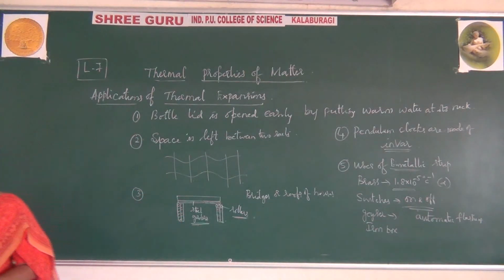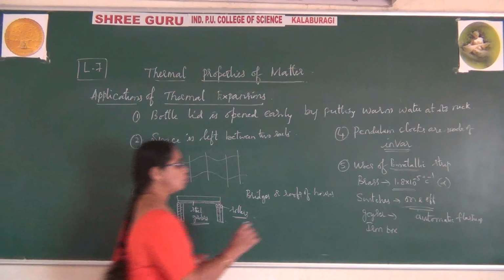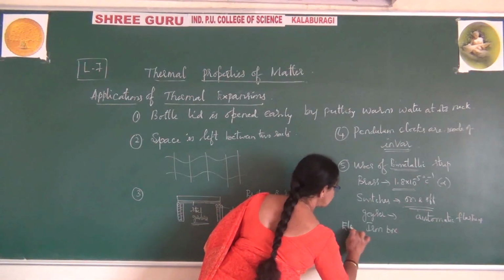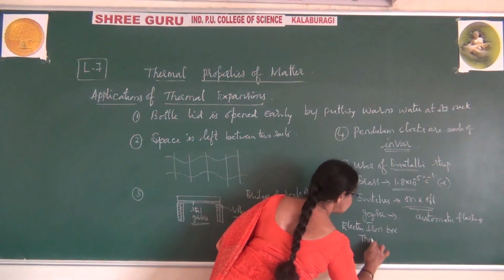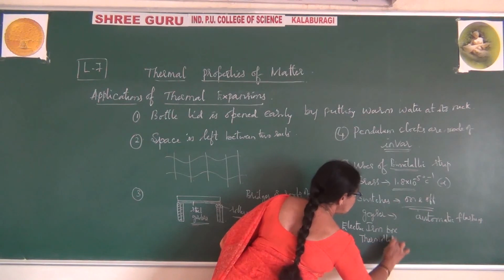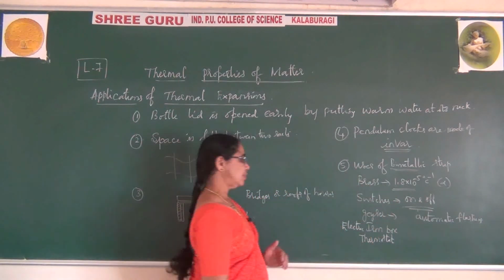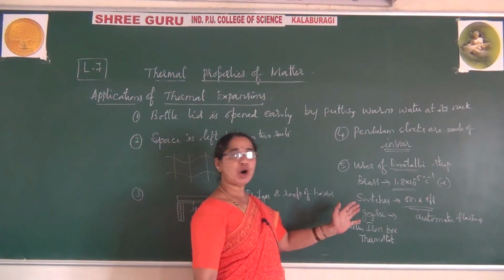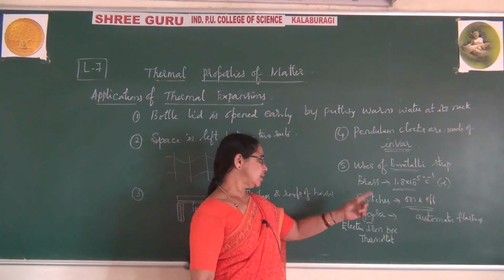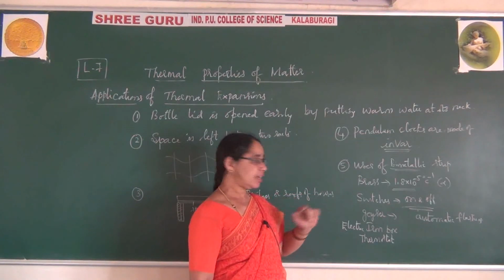So automatic on and off systems, and also particularly in thermostats. Wherever you come across thermostats, for example the electric iron box, I can say particularly thermostats. At that position we need switches, an on and off system, an automatic flashing system. So as and when you switch it on, you get a light, and at the same time as you switch it off, you get a light.